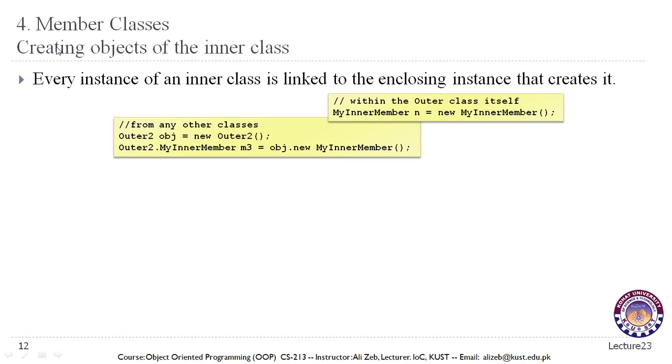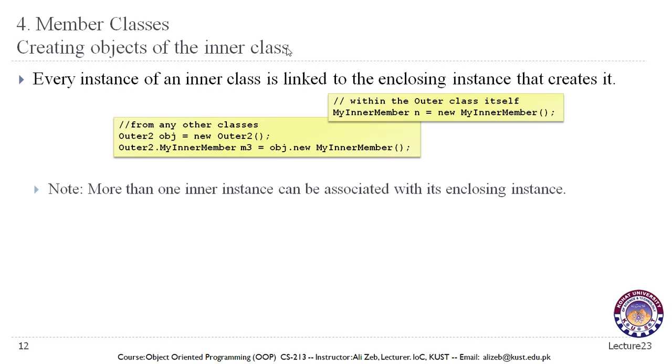So we have this object of the outer class, and if we want to create an object of the inner class, we can link it with the object of the outer class. So this will now be linked with the obj object of the outer class.